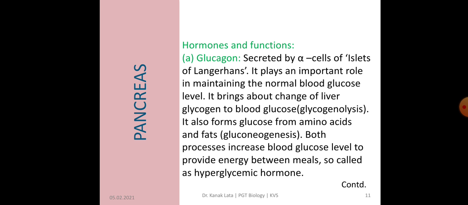But in both the cases, there is increase in blood glucose level which provides energy between meals. So it is also called as hyperglycemic hormone. But excess of glucose in the blood suppresses the secretion of glucagon, whereas fall in glucose level means the glucagon secretion is initiated.